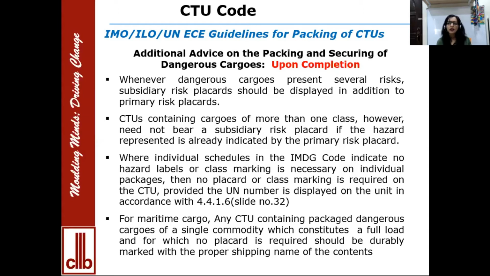If a CTU contains cargoes of more than one class, however, they don't need to bear the subsidiary hazard placard if that hazard is already indicated by a primary risk hazard. So for instance, you can see my whiteboard. You have a container, and in this container you have, say, 3 packages.